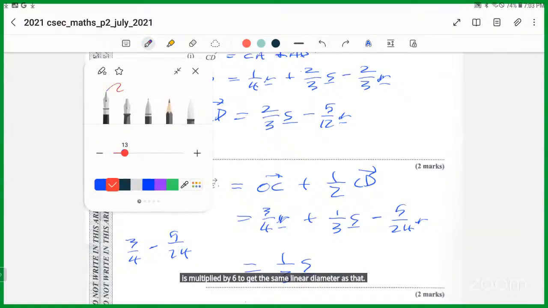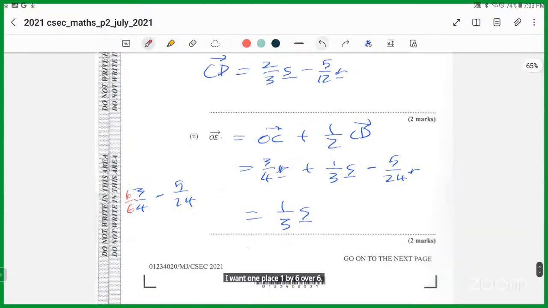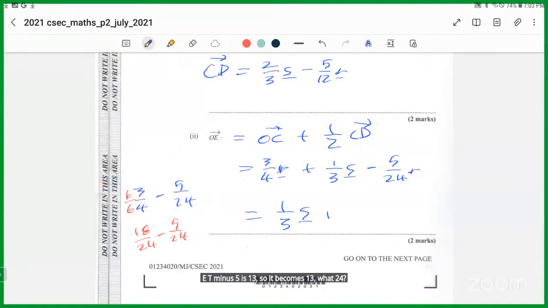So I'm going to multiply this one by 6/6. 6 3s are 18/24 minus 5/24. 18 minus 5 is 13. So it becomes 13/24. So this becomes plus 13/24 R. Alright? And 13/24 is a little more than half, because 12/24 would be a half, right?